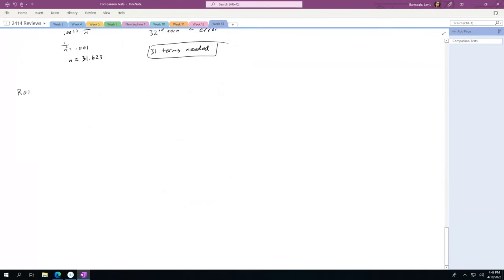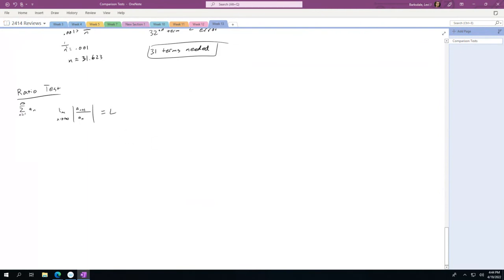Next up is the ratio test. This one is my second favorite test after the limit comparison test. So let's just start with what the ratio test says. If we have the sum of some sequence a sub n, then we take the limit as n approaches infinity of a sub n plus 1 over a sub n, and we take the absolute value of that.